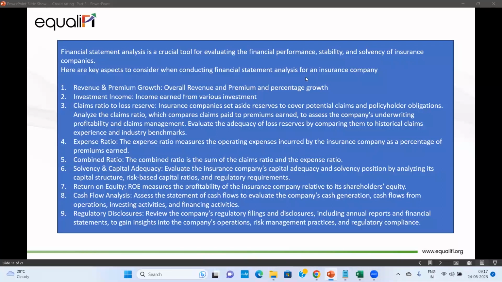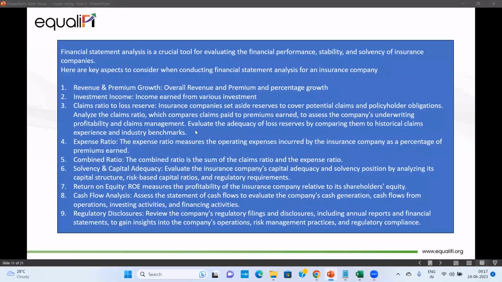Nobody even expected. I think insurance companies did not even expect this. So it is extremely important to check the claims ratio to loss reserve when you do rating of an insurance company.